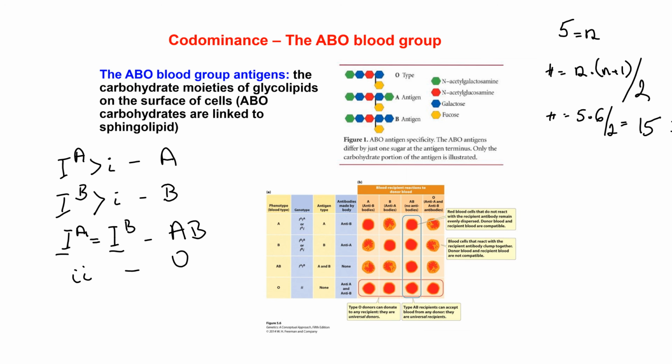Now, how are blood groups formed? If you have a red blood cell, right here, the ABO blood groups are formed first by carbohydrate moieties which are attached to the glycolipids or glycoproteins on the surface of the cells.